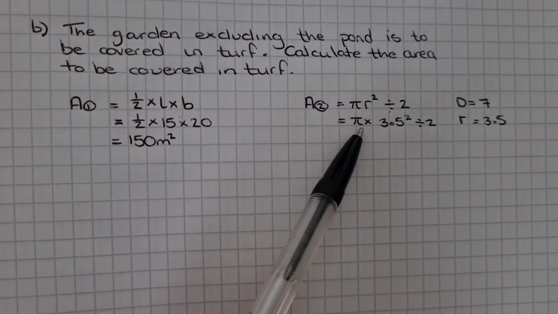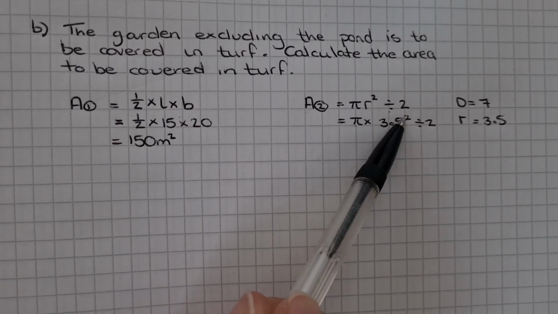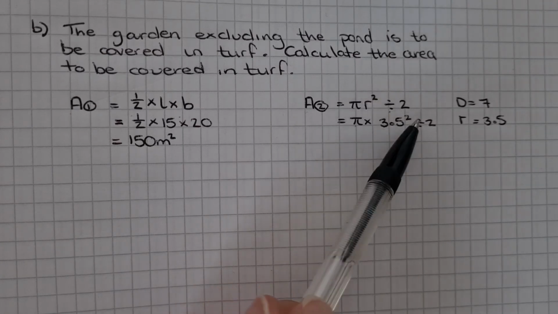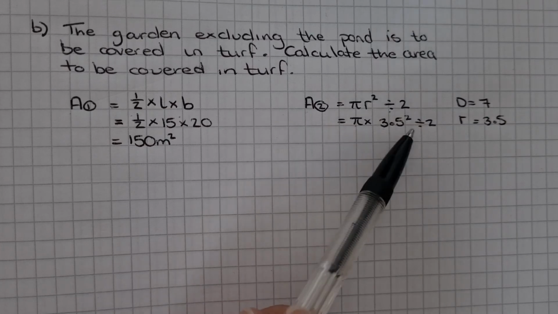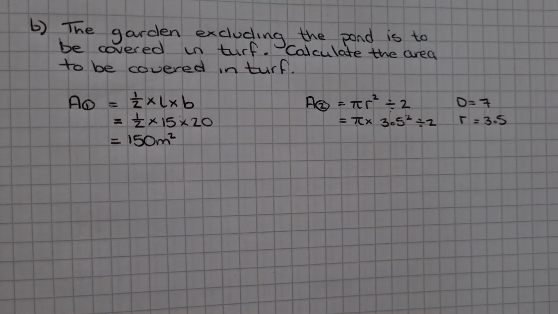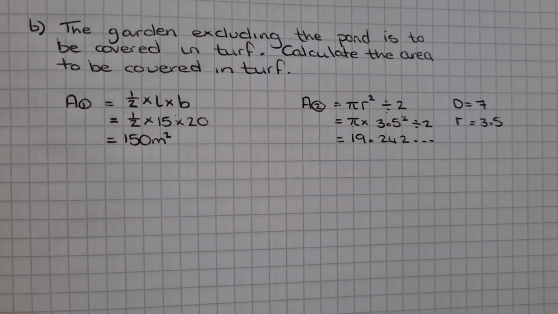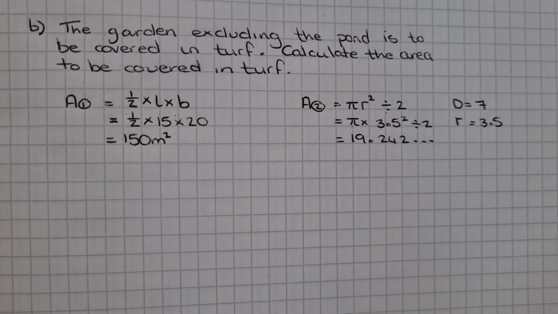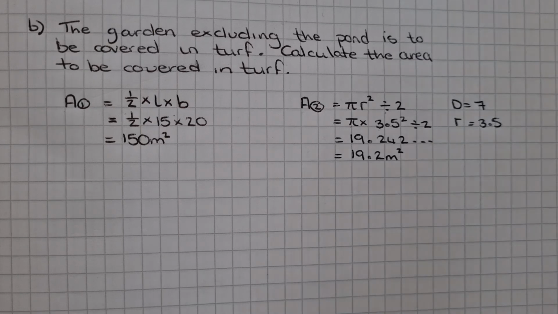So on the next line we're going to write pi times 3.5 squared divided by 2, and we can type that straight into the calculator to get the answer. It ends up being 19.242, and it keeps going. I'm going to round it to 1 decimal place, so 19.2 metres squared.